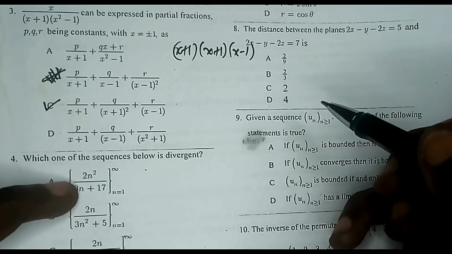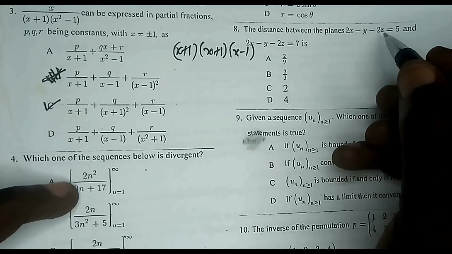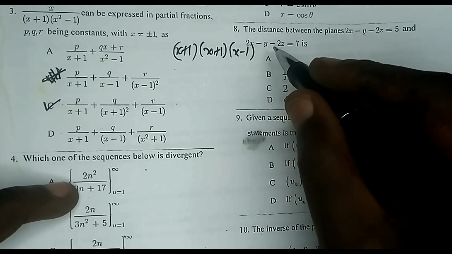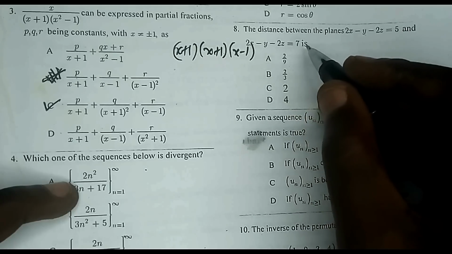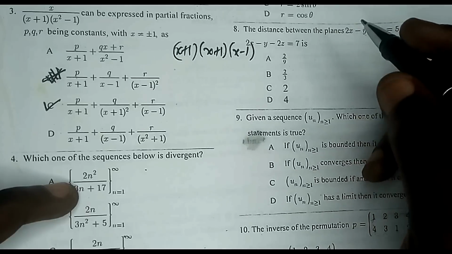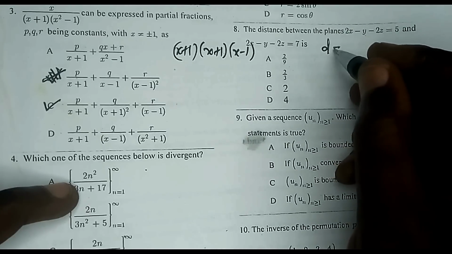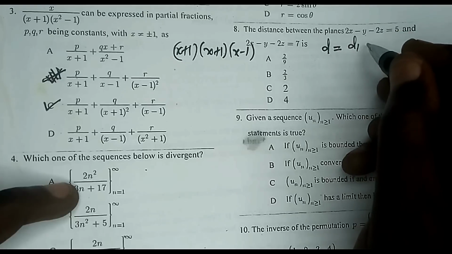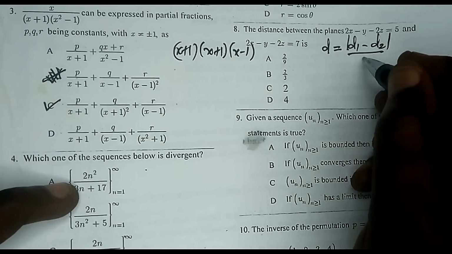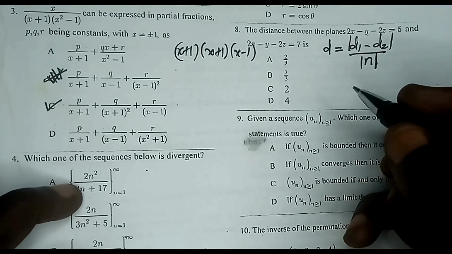In number 8, we're asked the distance between the planes 2x minus y minus 2z equals 5 and 2x minus y minus 2z equals 7. You can notice that the two planes are parallel, and once two planes are parallel, the distance between them is the absolute value of d1 minus d2, all over the magnitude of their normal vector.